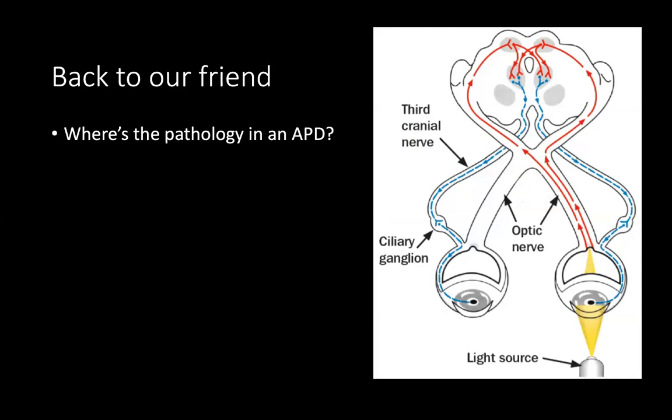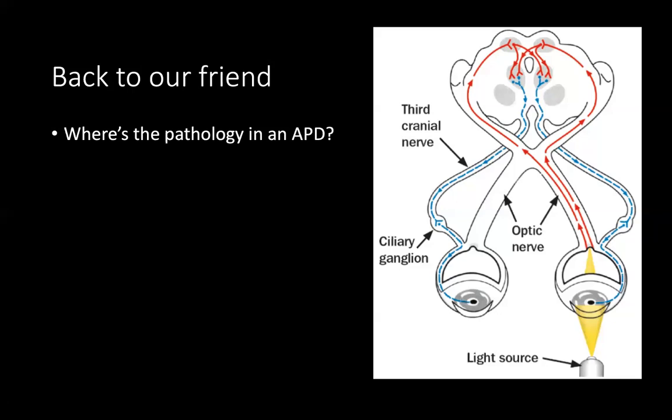In an APD, the abnormality is with the optic nerve or the tract leading signals to the brain, not controlling the pupillary muscles. So most of the time with an APD, the pupils will dilate just normally when you put drops in, and I believe that's probably the question.